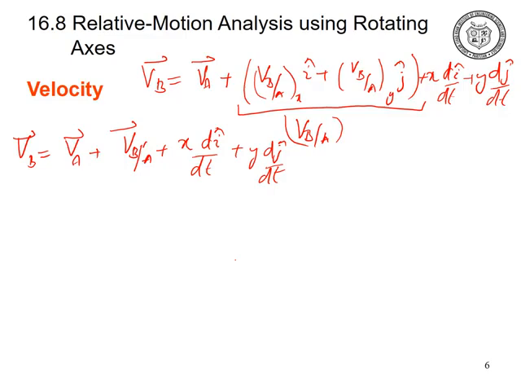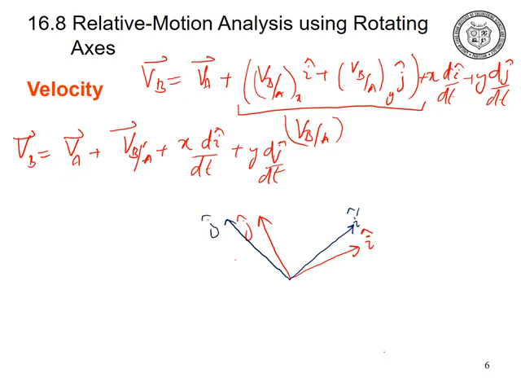So how can we find out the time derivative of the unit vector? Imagine that at the current location, this is your i unit vector and this one is your j unit vector. Imagine that after some time these axes rotate. So the new location of these axes becomes, this one is your i prime and this one is your j prime.